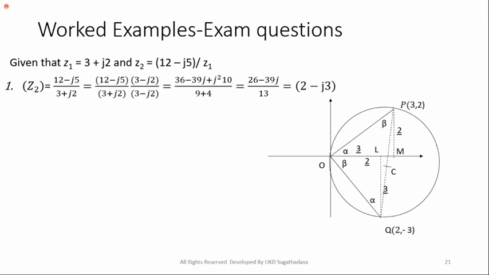Right, now you can observe that the two triangles, OPM and OQL, are similar triangles. We call them similar triangles because one triangle has sides 2, 3, and the other also has 2, 3. Another angle is 90 degrees.